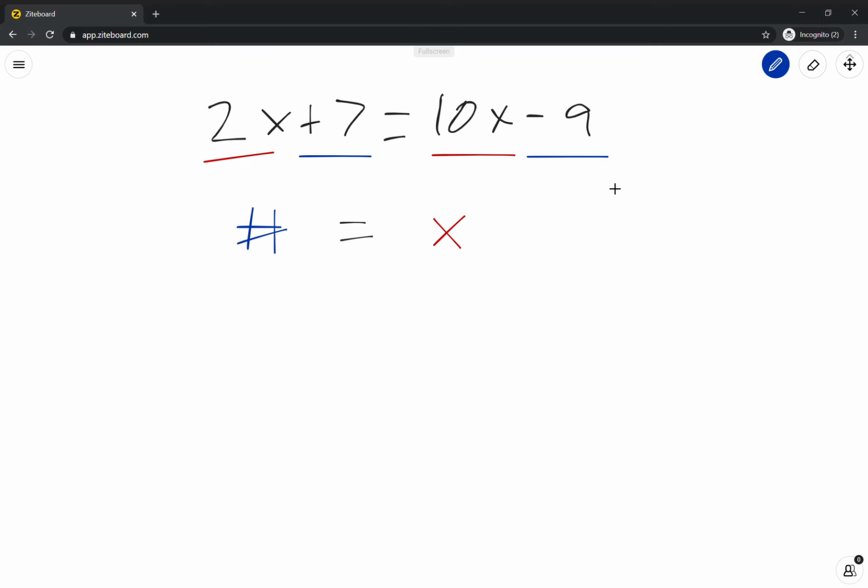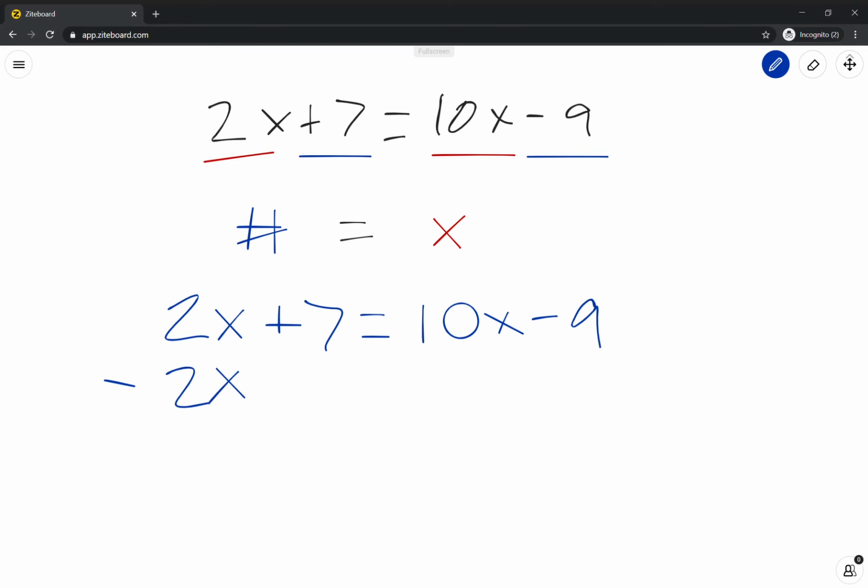So right now I have 2x on the left, so I'm going to try to get rid of that from the left. Now, since I have a positive 2x here, let me rewrite this equation. 2x plus 7 is 10x minus 9.